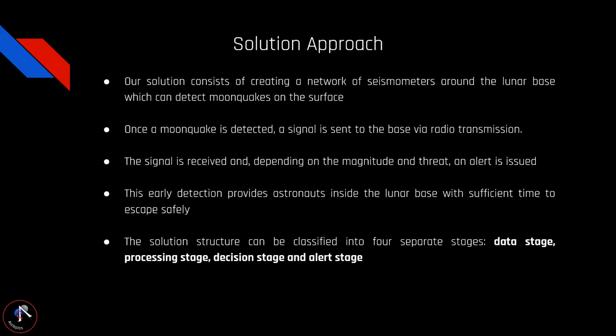If a major moonquake is detected, an early warning is given to the astronauts, which gives them crucial seconds to save their lives and evacuate safely. The solution structure is classified into four parts: the data stage, the processing stage, the decision stage, and the alert stage. Satyank will be explaining more about this next.